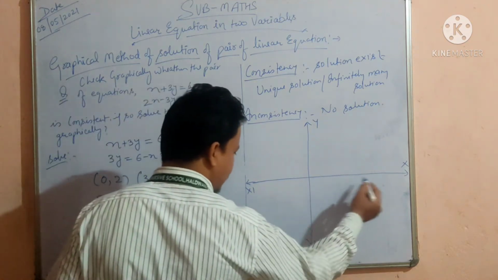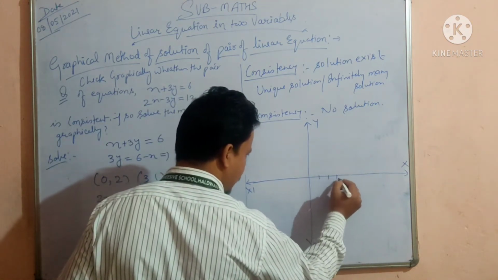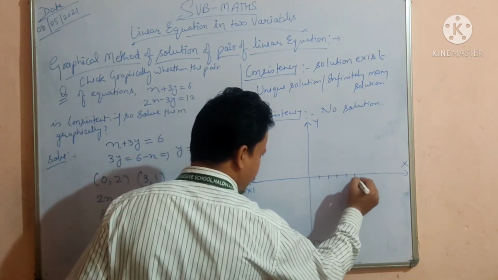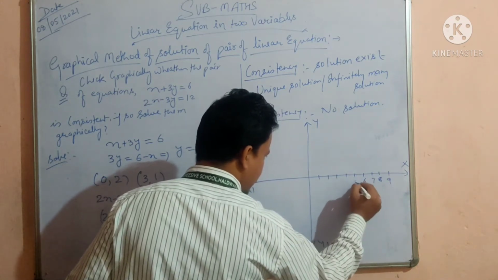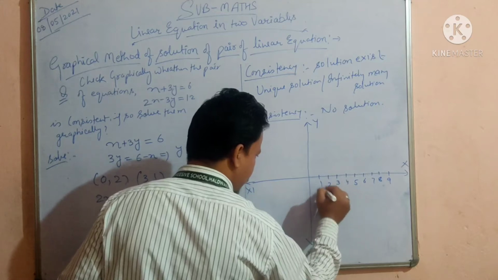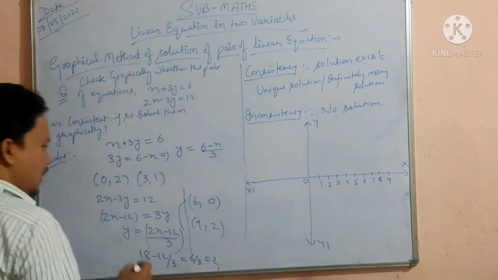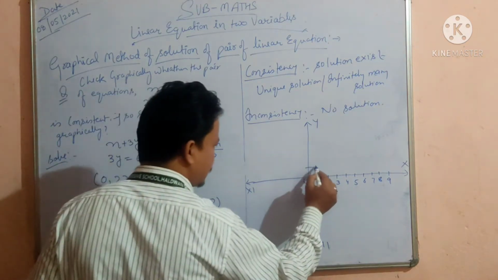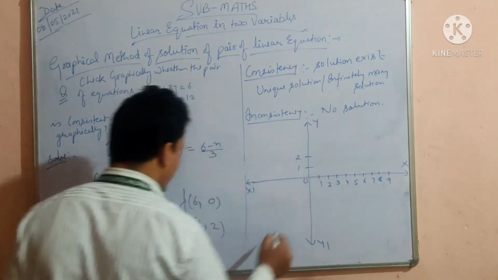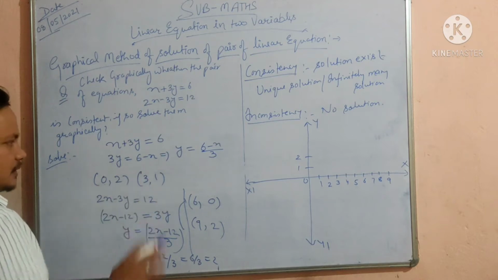So in the positive direction of X-axis we have to go till 9. 1 2 3 4 5 6 7 8 9, this is 9, and 8 7 6 5 4 3 2 1, this is origin. And in Y-axis the maximum value is 2, so in the positive direction we have to go till 2. Okay, now see the points.